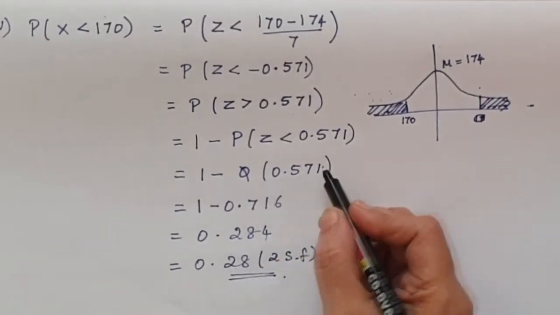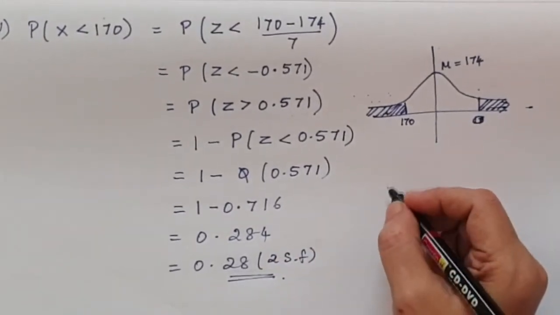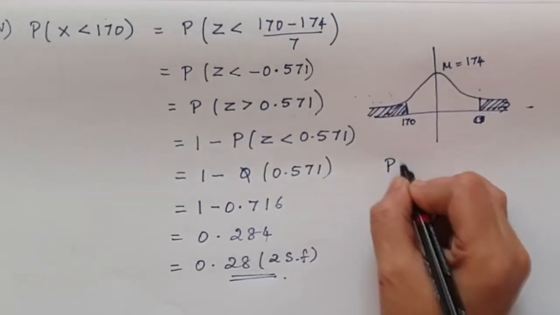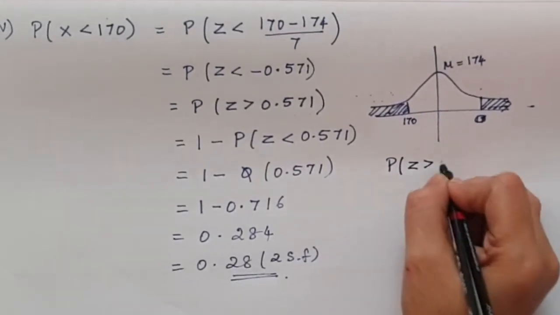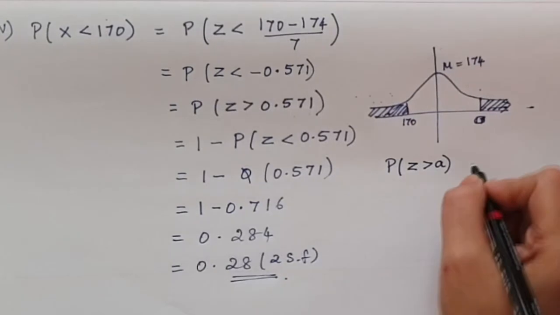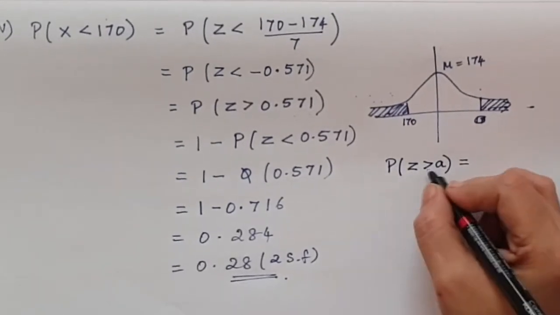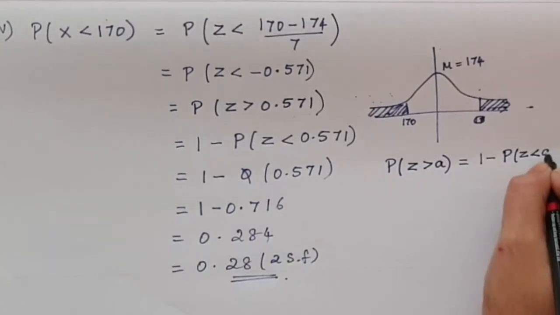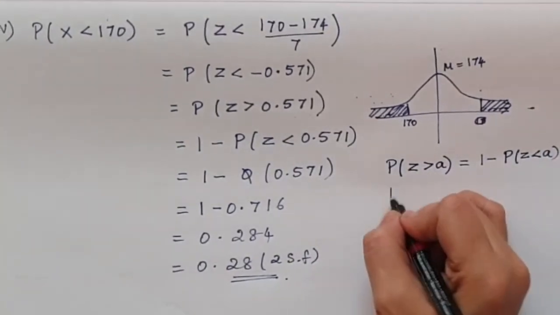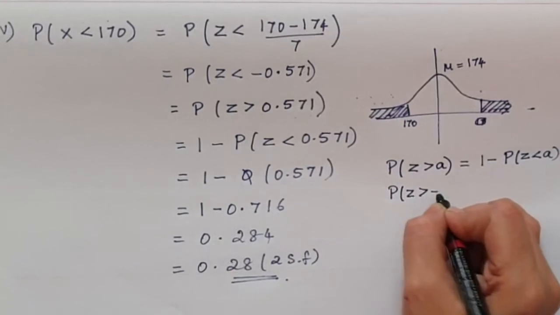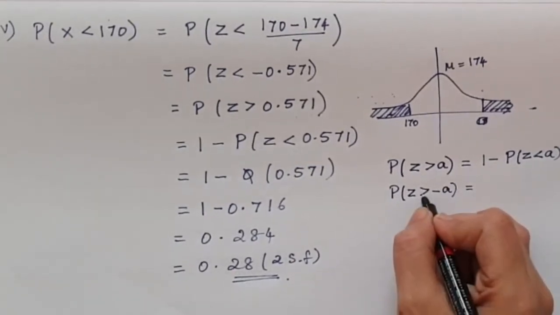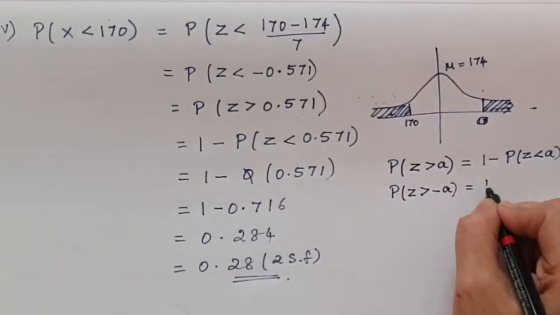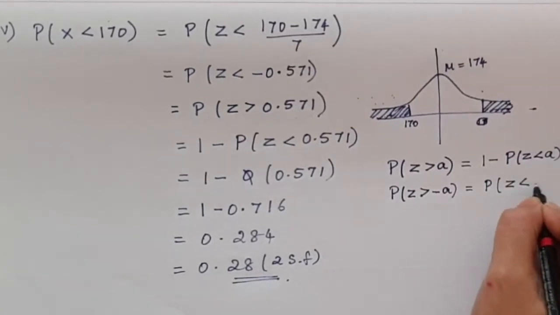In this case, without drawing the graph, a small trick you can remember is: if the probability of z is greater than some number a, then we can directly write it as 1 minus the probability of z less than a. In the same way, if the probability of z is greater than negative a, then greater and negative make it lesser, so z is less than a.